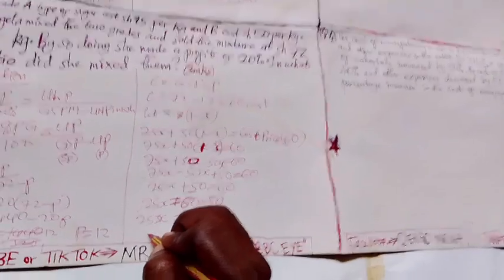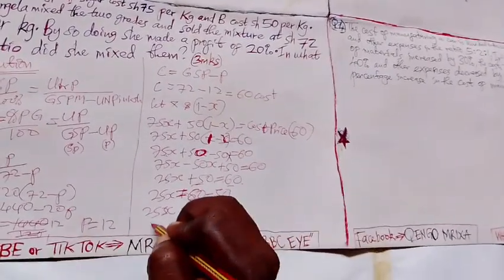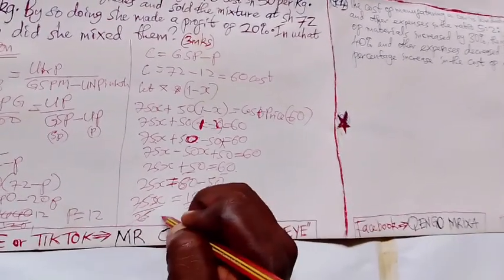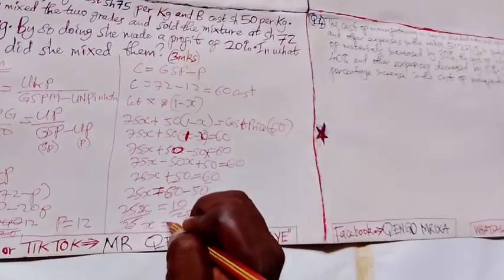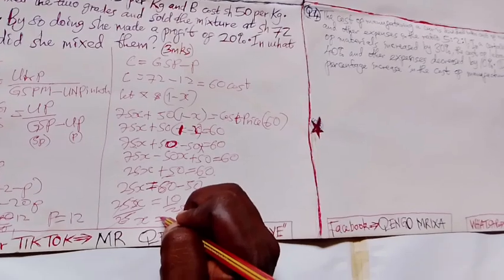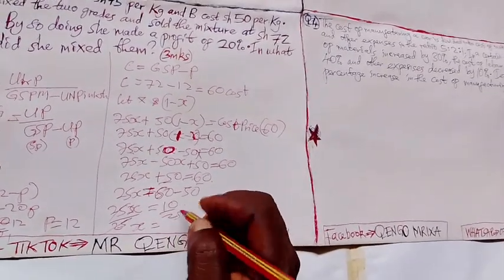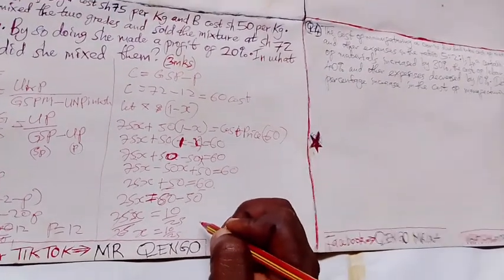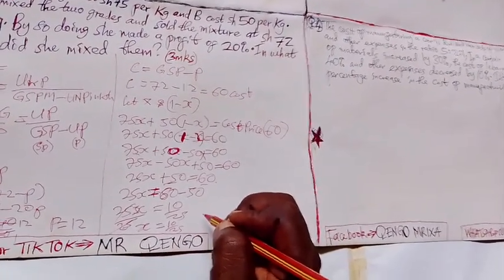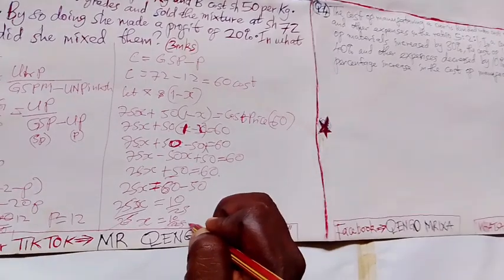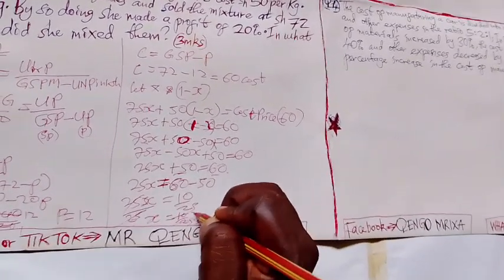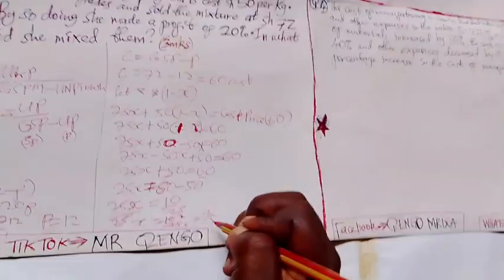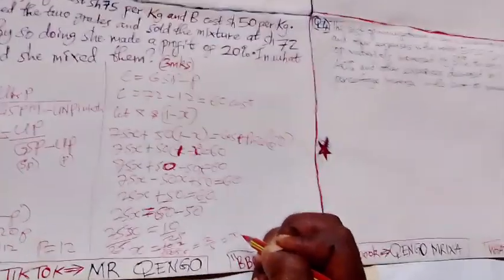Now if you divide both sides by 25, here we get x is the same as 10 over 25. Divide both sides by 5, we get 2 over 5. Therefore, 2 over 5 is equivalent to x.